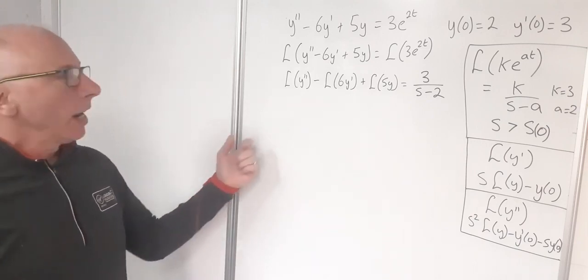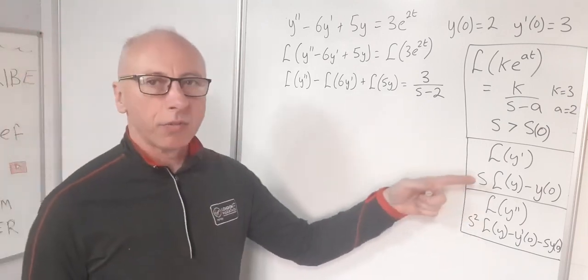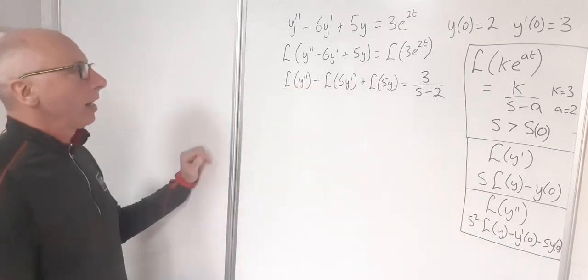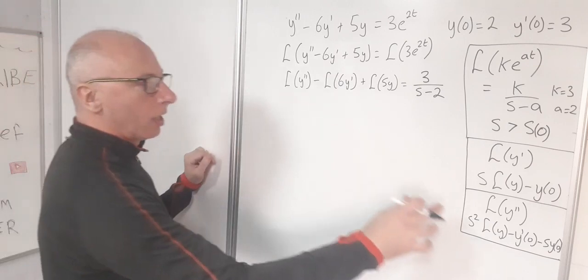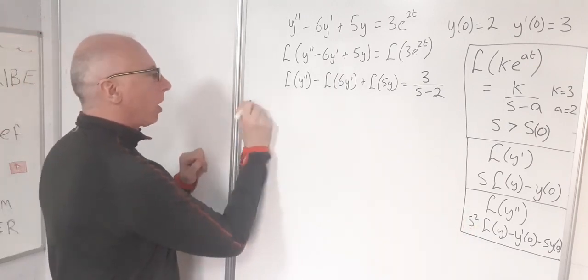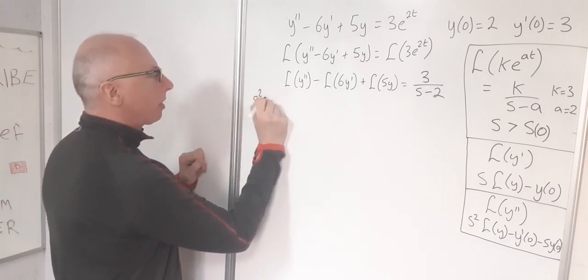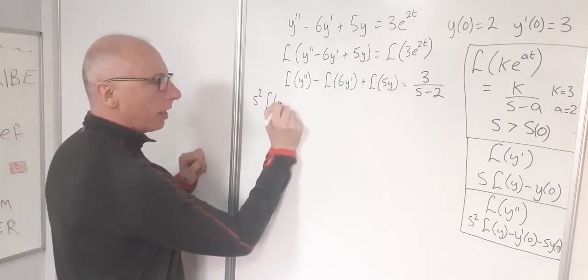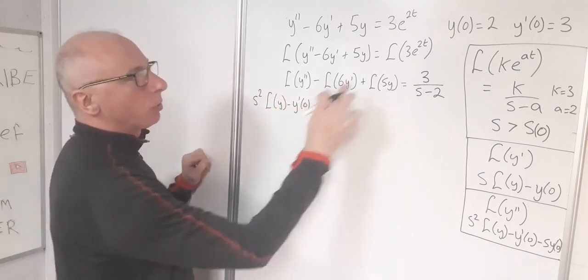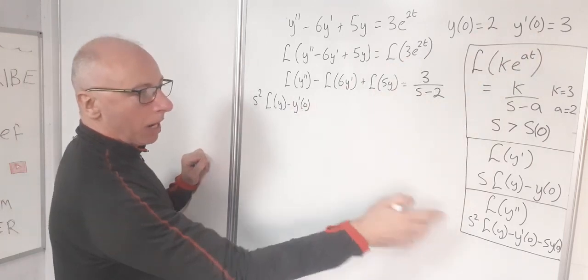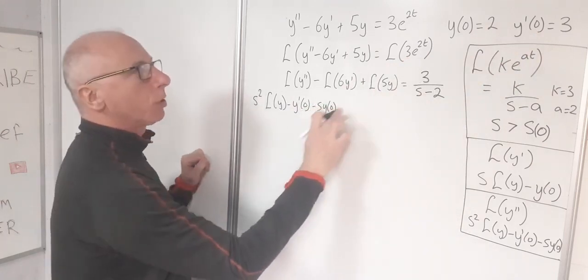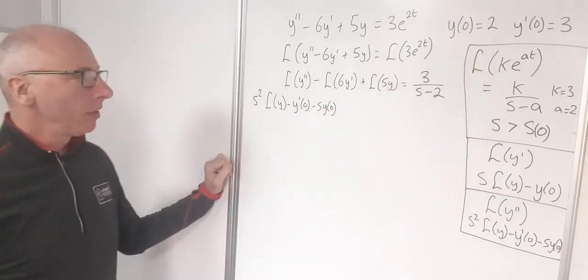Okay, so now what I need to do is take all of these Laplace transforms and put them into these individually. Okay, so the second derivative, so let's use this one. So substitute that for this one. So now I've got, let's bring it over here to give us a bit more space, s squared Laplace of y minus first derivative at 0, which we've got on here, and then minus s times y at 0, which we know the initial value here, that's not the derivative.